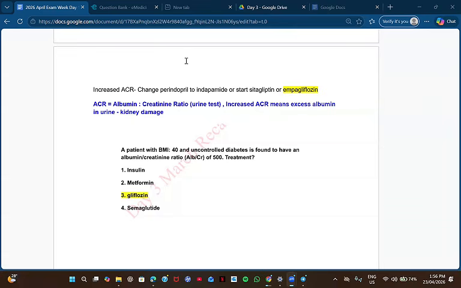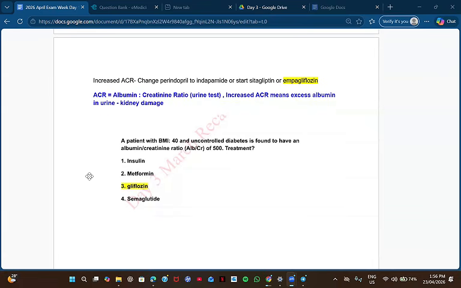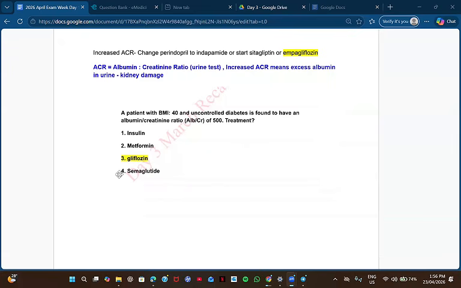We call it albuminuria, right? Very important. That is the most important point to take from increased ACR. There can be a question they can ask like this.